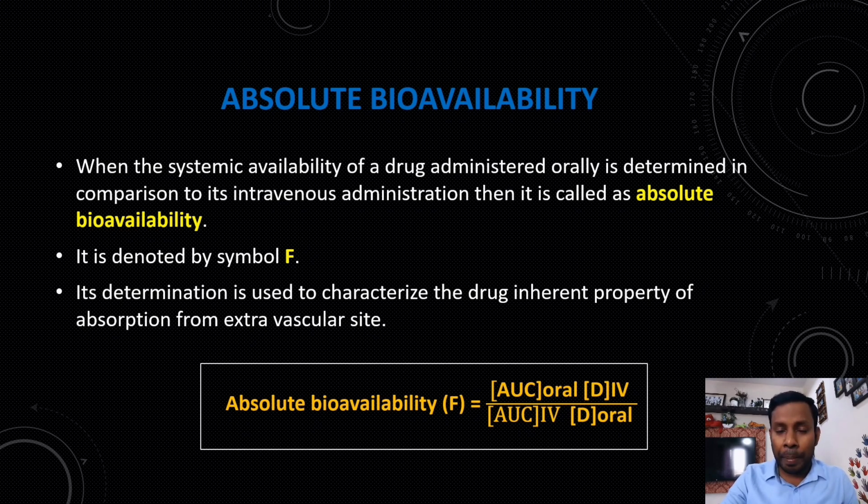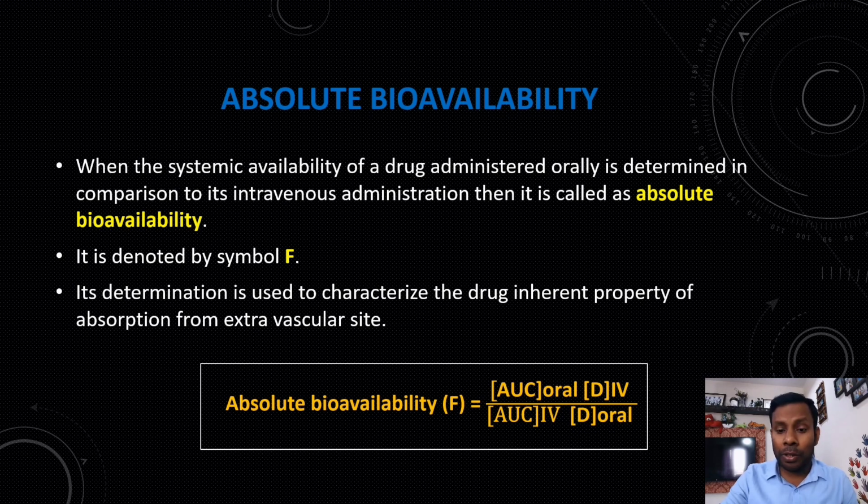When it is compared with intravenous route, it is called absolute bioavailability, and this can be represented by the symbol F, capital F. This F is the ratio of AUC oral into dose IV divided by AUC IV into dose oral. Means after oral route, how much AUC, area under the curve, we are getting, into dose IV.